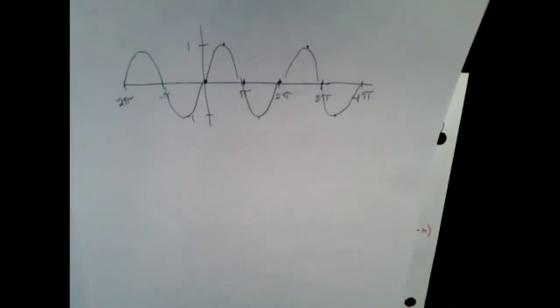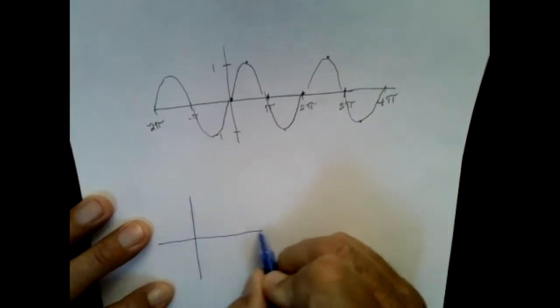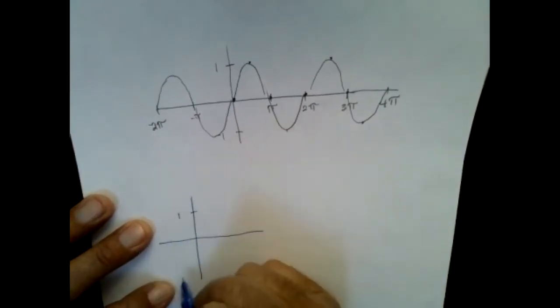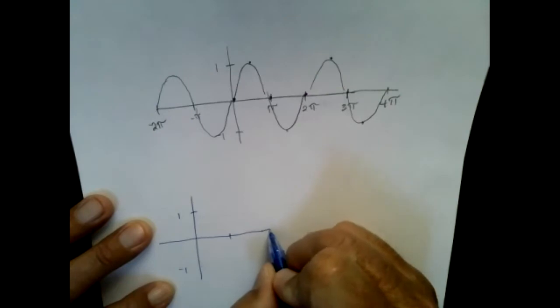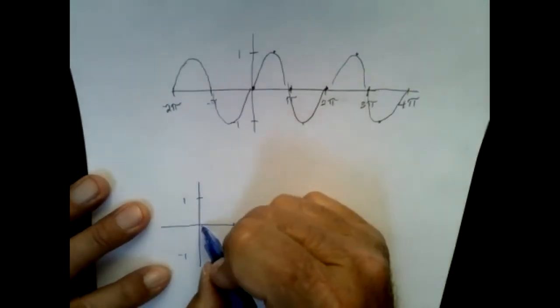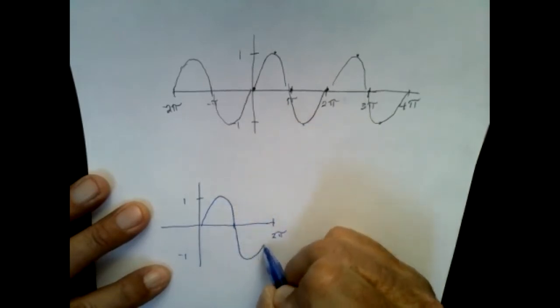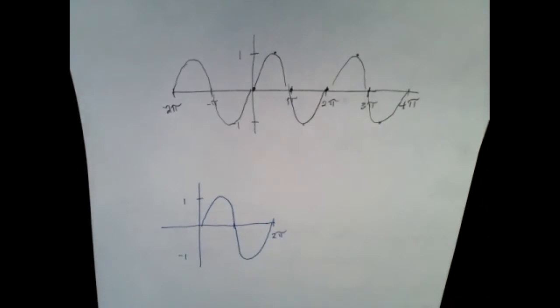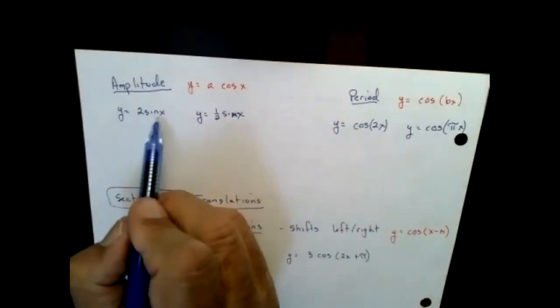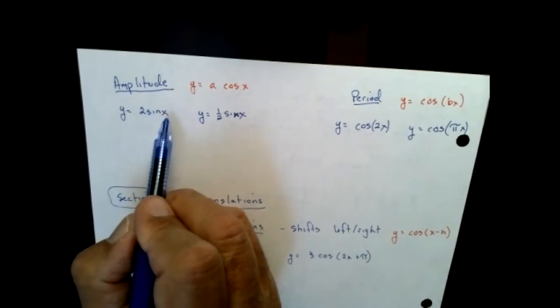Let me break this down briefly. I know the sine went up to 1, down to -1. This was 2 pi. And the sine started at 0. The amplitude says, after you find the values of the sine of something, double it.